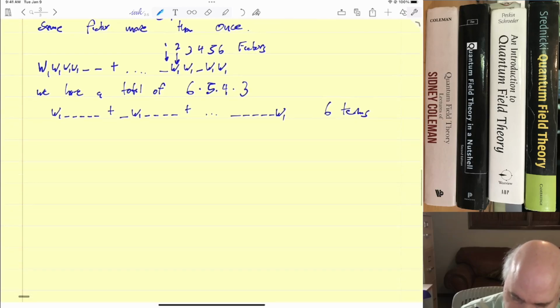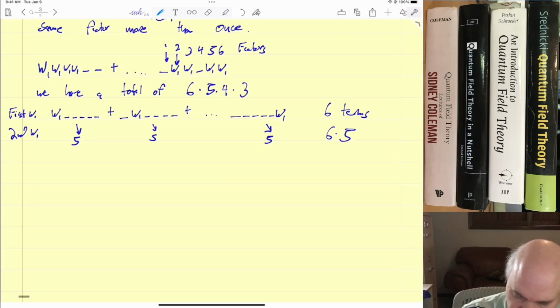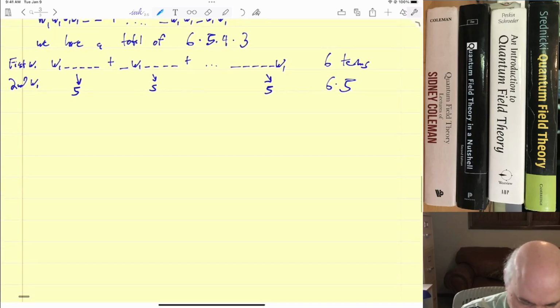Then when we apply the second W1 derivative, each one is going to lead to 5 possibilities. So we get 6 times 5, and so on. When we do all 4 derivatives, we get 6 times 5 times 4 times 3.